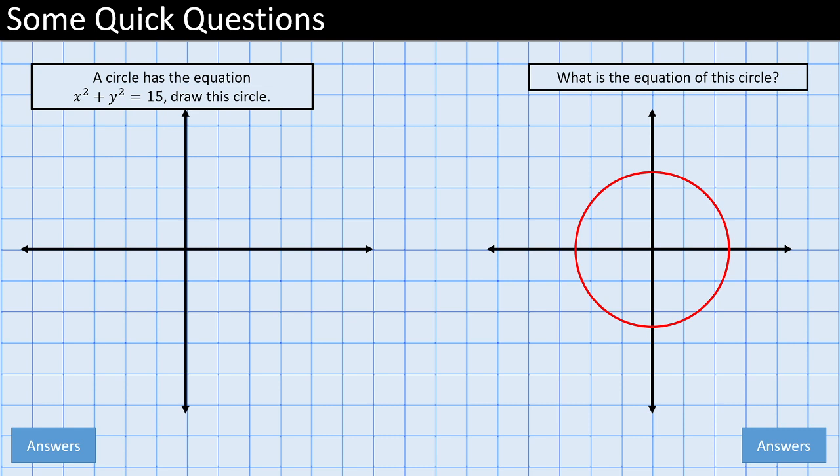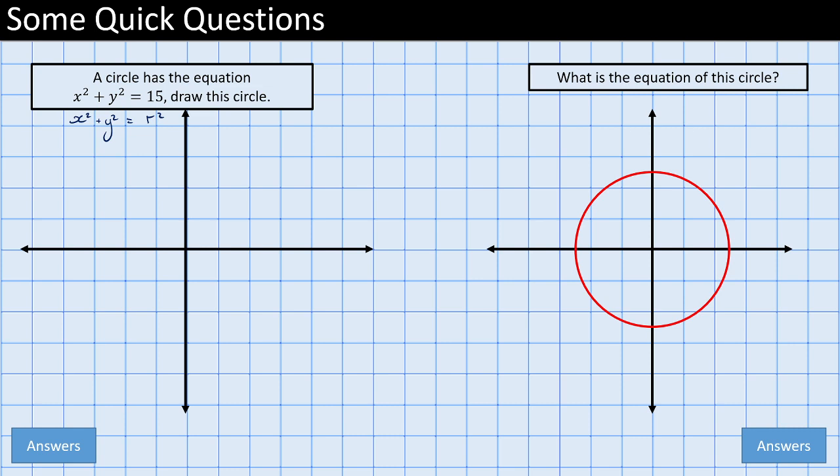Okay. So that one on the left, it says the circle has an equation x squared plus y squared equals 15. Draw this circle. Now, if I remember my equation of a circle, it says that x squared plus y squared is equal to my radius squared.